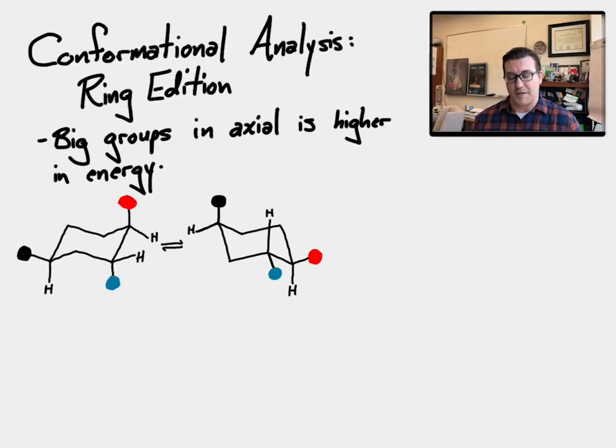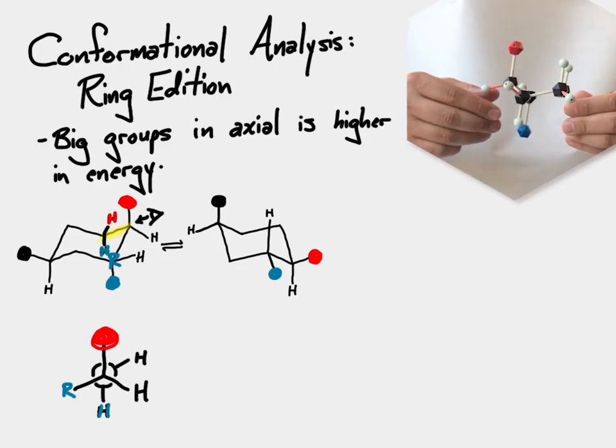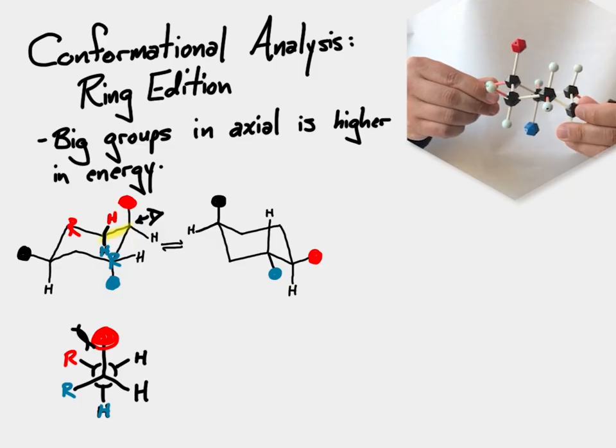So the last thing that we're going to look at is a quick assessment of which side is more stable than the other side. So big groups in axial positions are higher in energy. And we can look at why that's the case. If we look down this bond, this bond highlighted in yellow, we would get this Newman projection shown here.